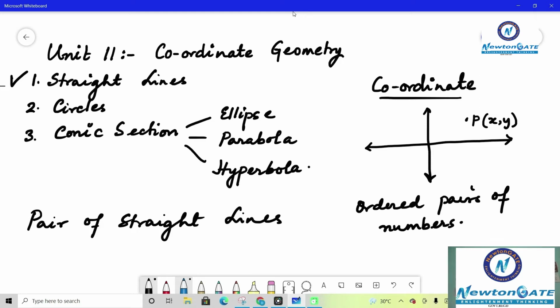Whenever I want to locate a particular point, we need an ordered pair of numbers x and y, and since this is the combination of 2 numbers, hence the name coordinate geometry. The first topic in coordinate geometry is straight lines.